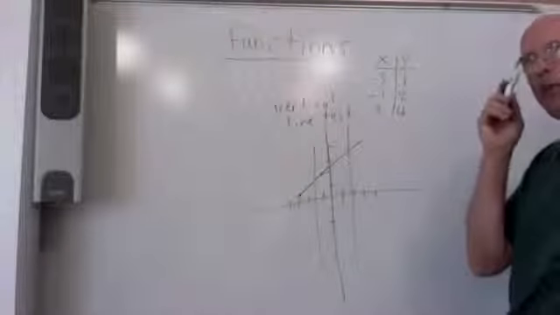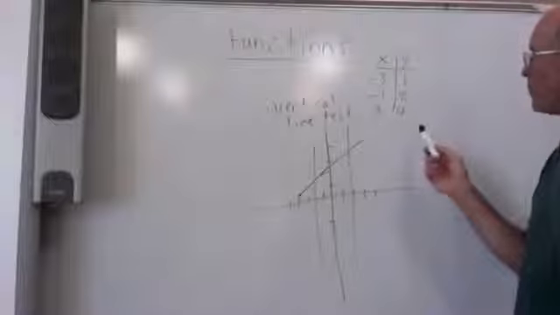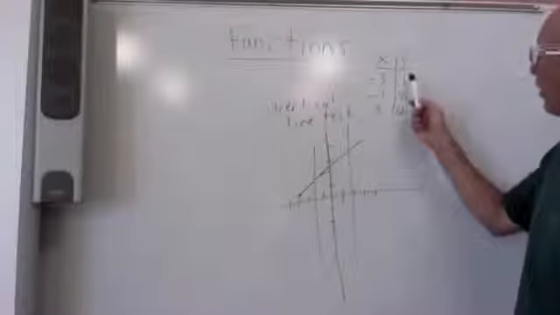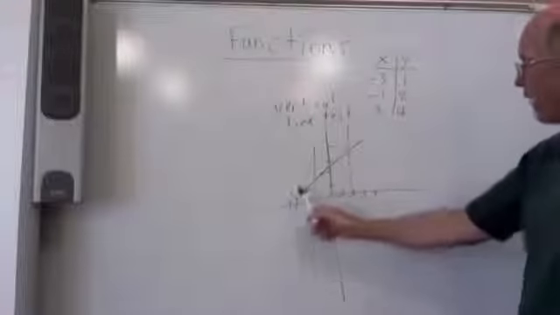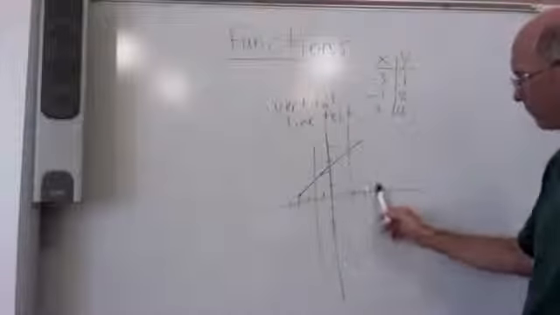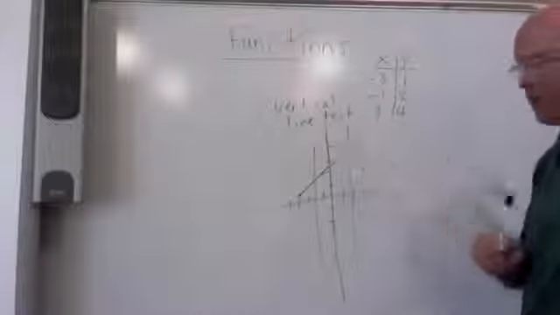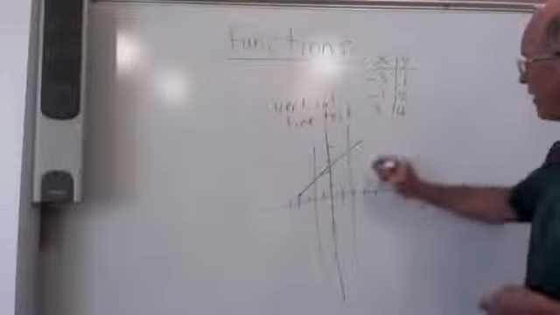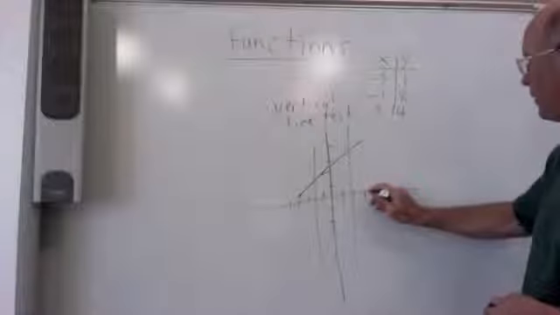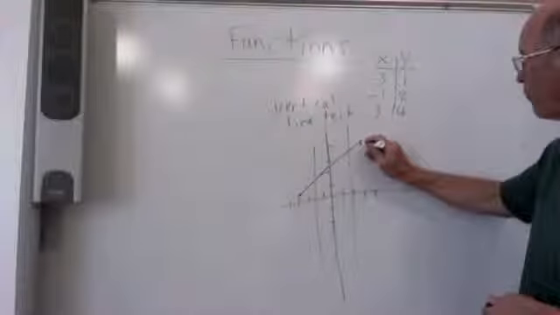If you think for a moment, what that means is that for any x that you go to, it's not going to have more than one y value. Because let's say that over 3, we had a value of 4, right?